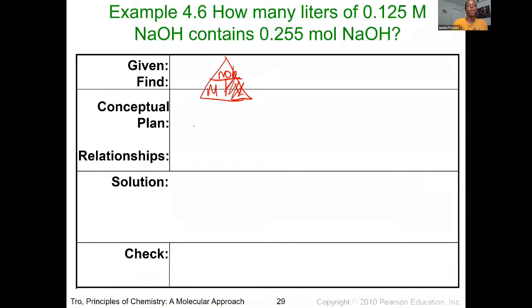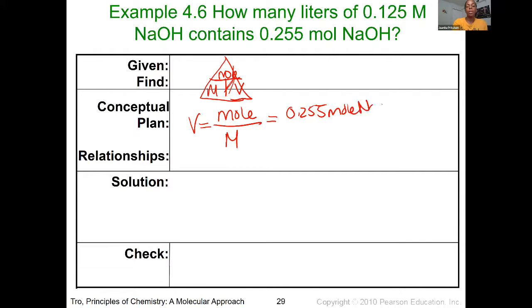So if we cover that up, the volume equals the moles divided by the molarity. And so if we plug that in, we have 0.255 moles of NaOH on the top, divided by 0.125 molarity.